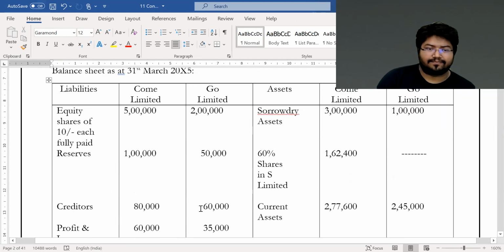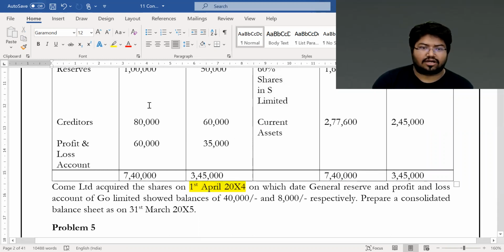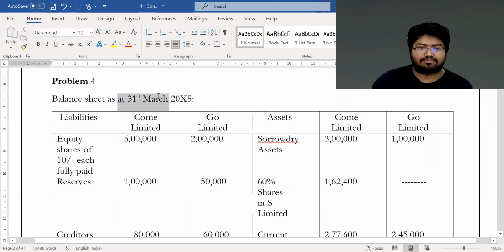Now he's stating he purchased 60% shares in subsidiary, but the date on which he actually purchased is 1st of April 2024. And you are right now consolidating on 31st March 25. That means after control, 1 year passed and then you are consolidating.